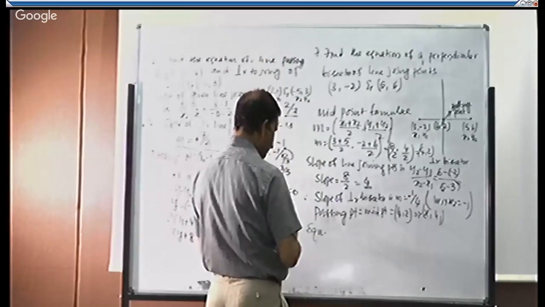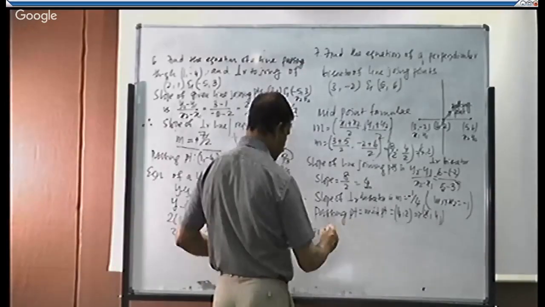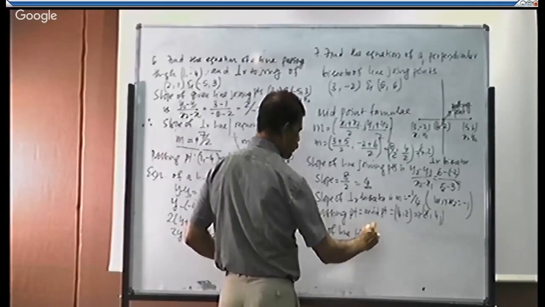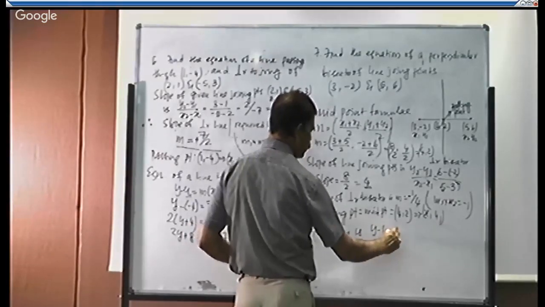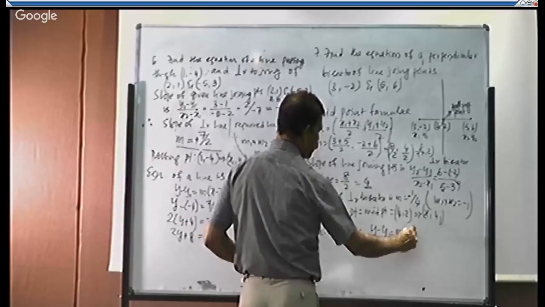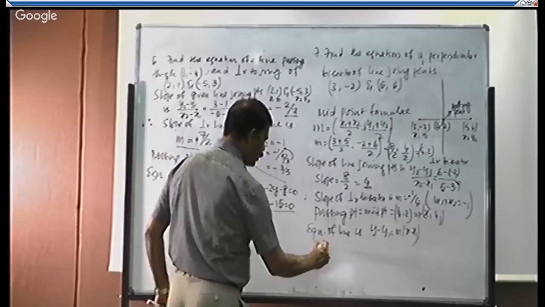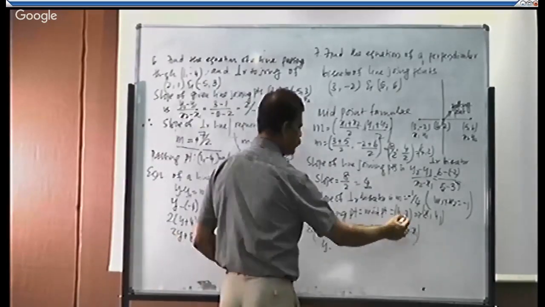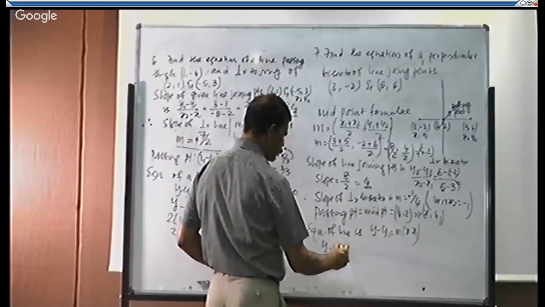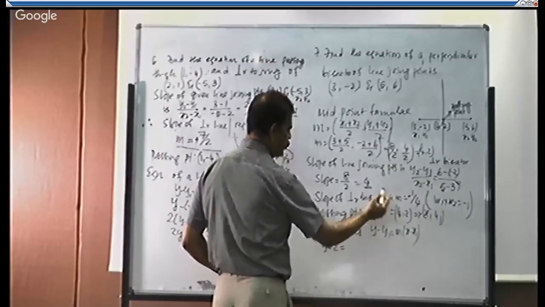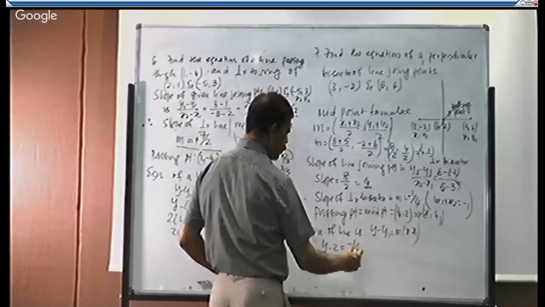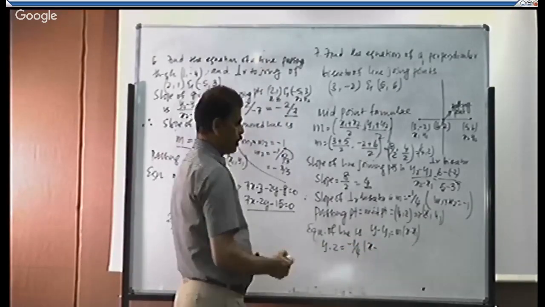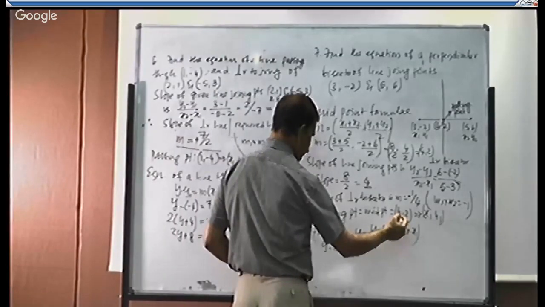The equation of the line is y minus y1 is equal to m into x minus x1. What is y1? y1 is 2. What is m? m is equal to minus 1 by 4, into x minus x1. What is x1? x1 is 4.